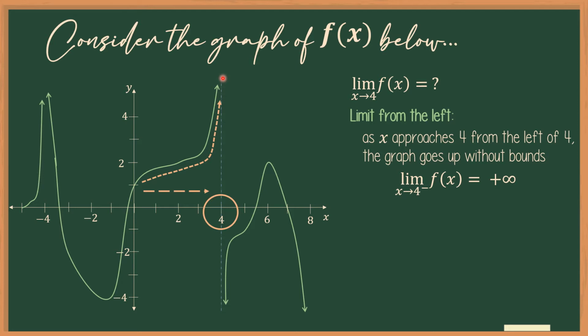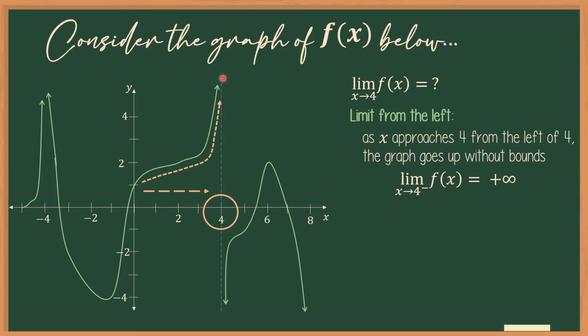positive infinity. Now, positive infinity is not a number. It is just a symbol to tell you that the values of f of x increase without bounds, or the graph of the function goes up without bounds. When we have a limit that is infinity, when you say limit, it's a stopping point, right?